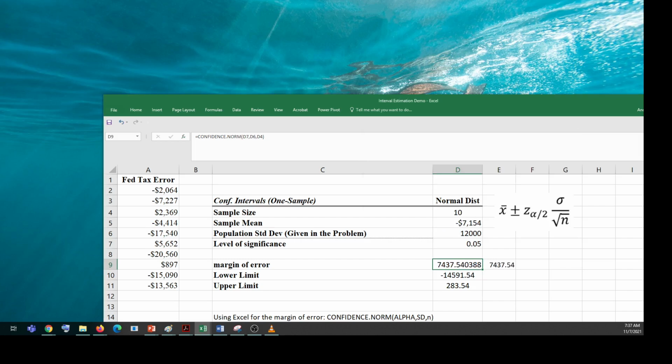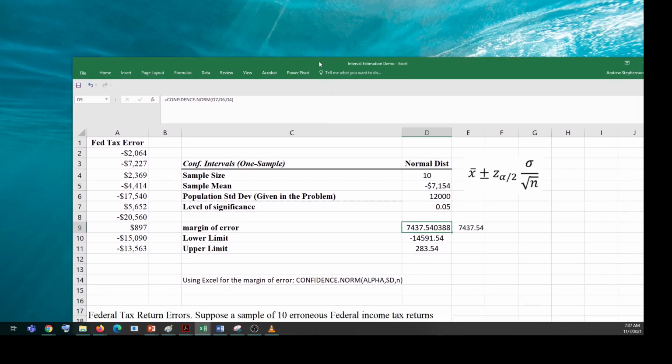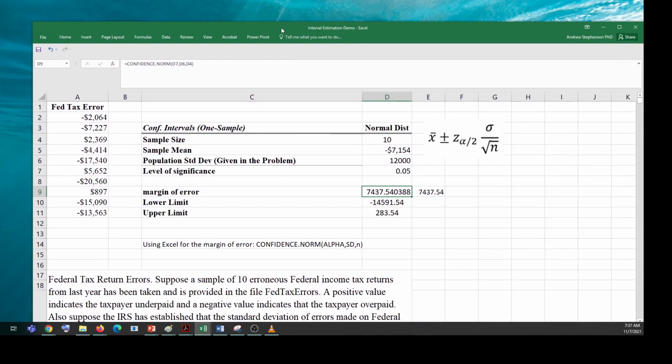The last step is to go ahead and add and subtract the margin of error from the point estimate. So for the lower limit, we need to say it's the x bar minus the margin of error. So negative 7,000 minus negative 7,000 would give us negative 14,591.